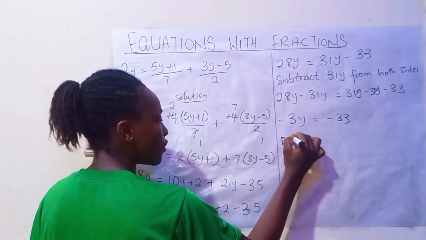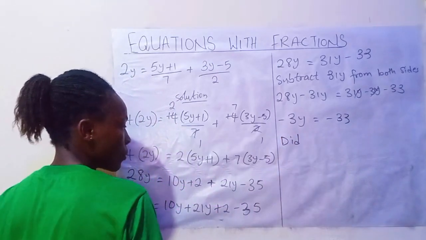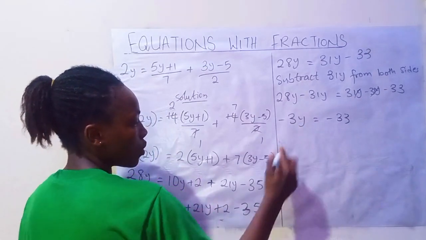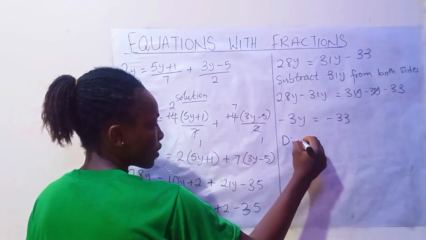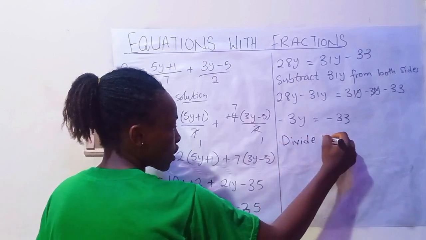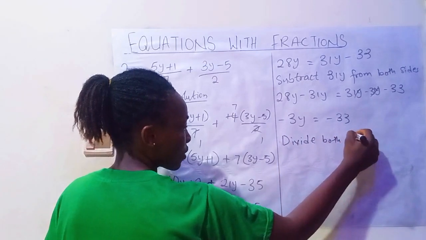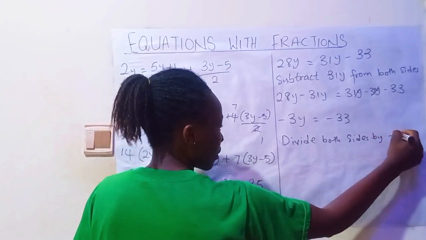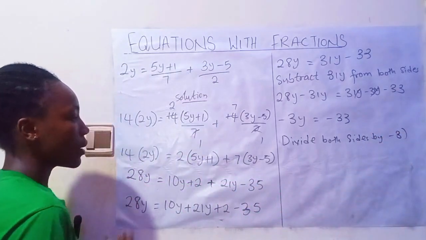We'll simply divide both sides by minus 3. Alright?